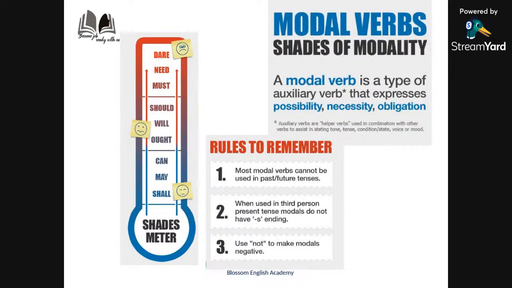So modal verbs are nothing but helping verbs, and again, as we said earlier, these express possibility, necessity, and obligation. Modal verbs are used with verbs in its first form, its present form. You cannot use modal verbs with past or future tenses.